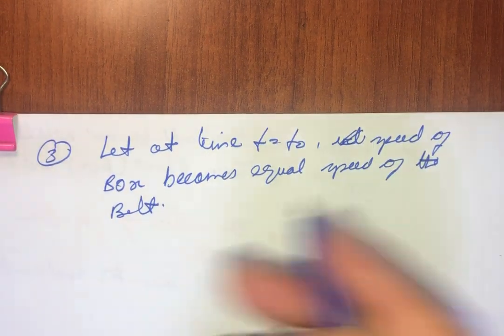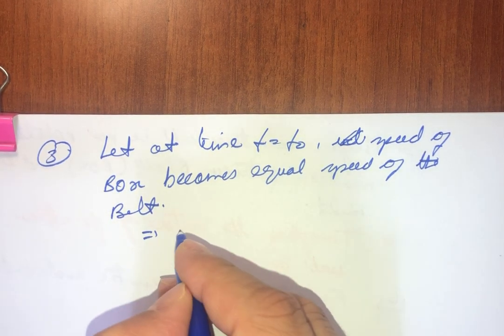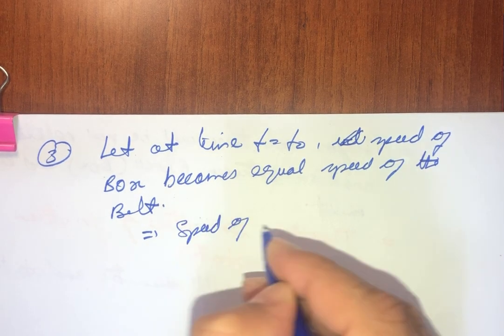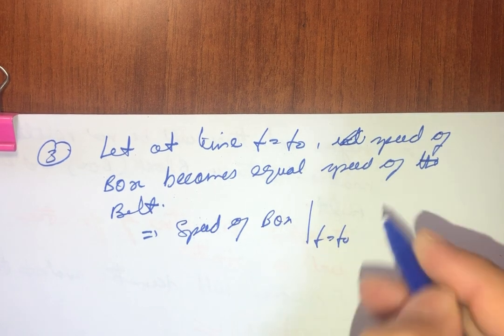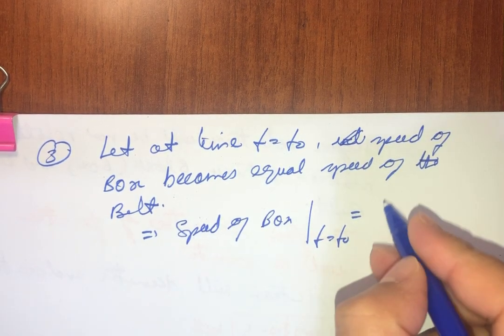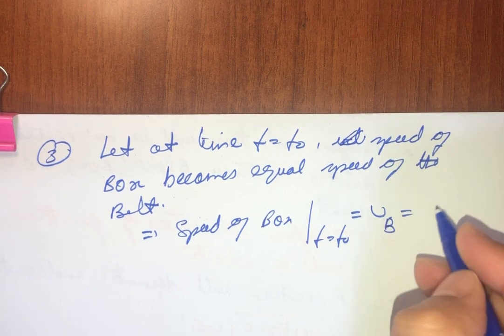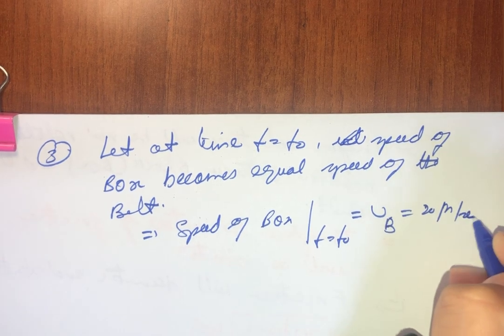Oh, belt means conveyor belt. So that means the speed of the box at t is equal to t naught will be, let us suppose, v box vb, and this will be equal to 20 meter per second.